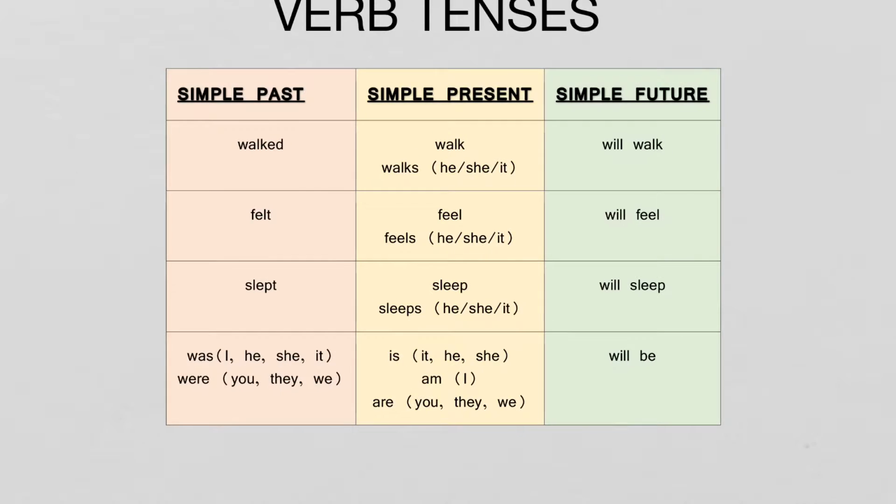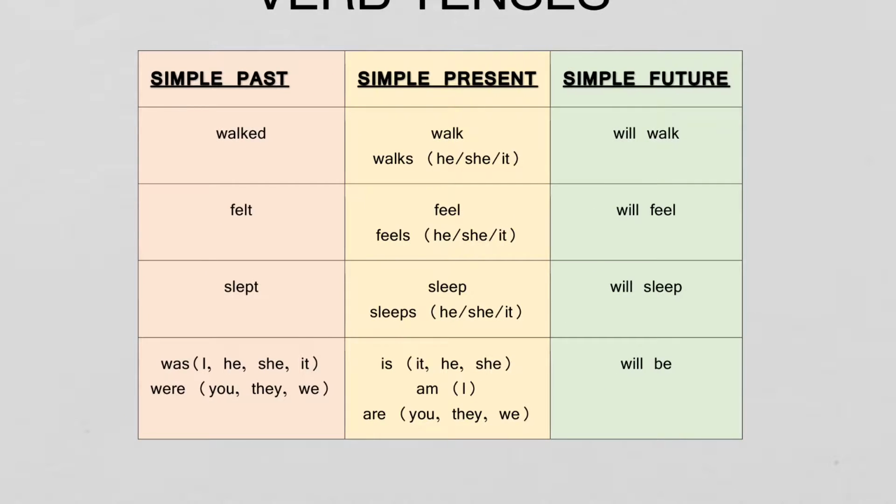Something else to notice about the verb to walk is that it is what you would call a regular verb. So if we're comparing walked with these other verbs that we have here, our other verbs are irregular verbs. And regular verbs are predictable, right?